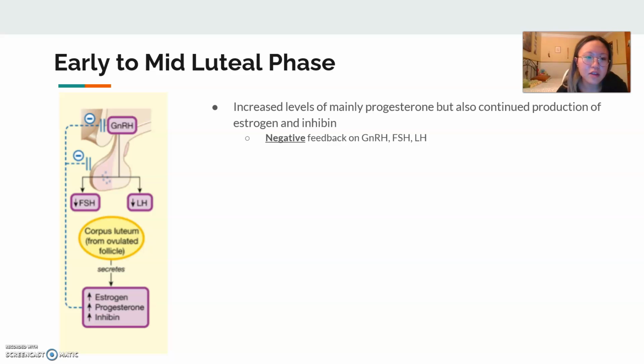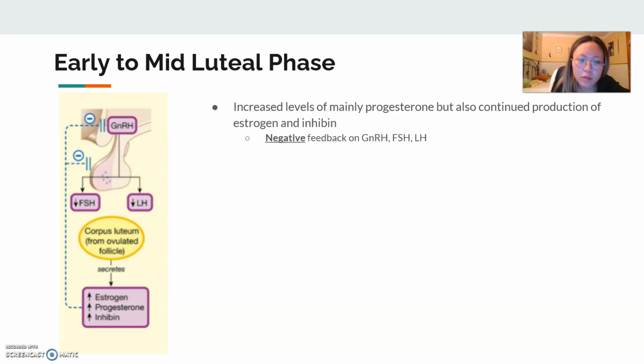And then we have the early to mid luteal phase. This is where the corpus luteum is formed. It's formed from the remains of the follicle after the egg has been released. The corpus luteum secretes estrogen, progesterone, and inhibin, but it mainly secretes a large amount of progesterone.